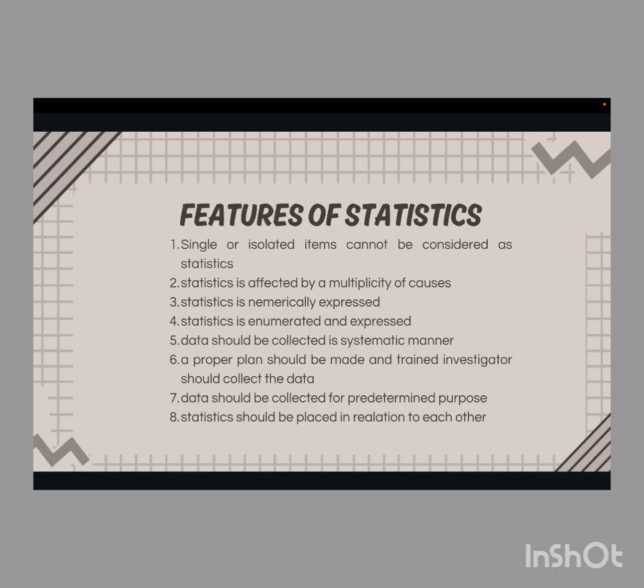Statistics is affected by a multiplicity of causes. To find one stat or one report, there are many types of investigation and many causes that have to be noted. Statistics is always numerically expressed.